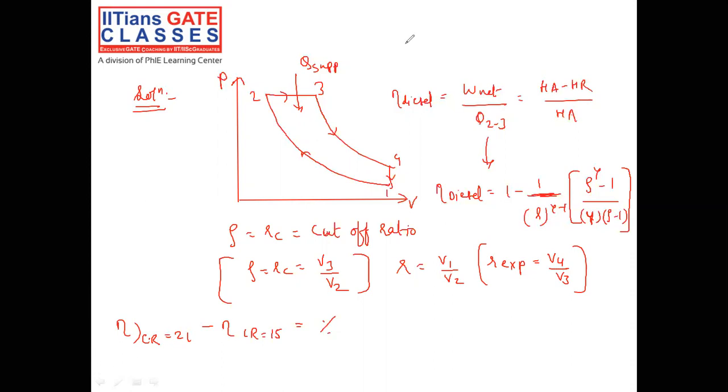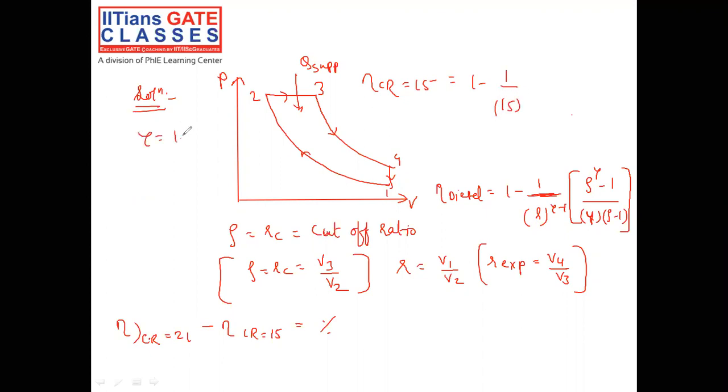So let me calculate again. Now, if you put the values in the formula, that is compression ratio 15, 1 by 15, and gamma is given not as 1.4 but 1.3, that is, the specific heat ratio is given as 1.3.